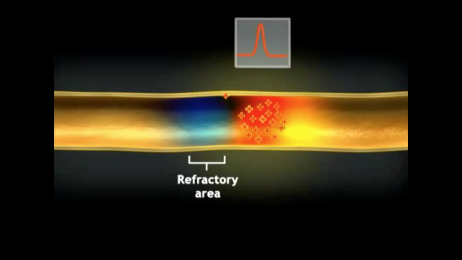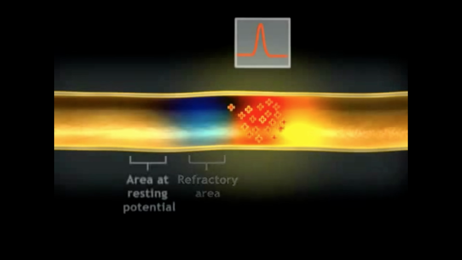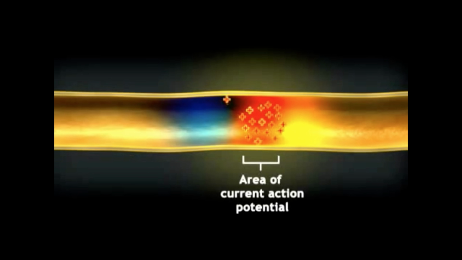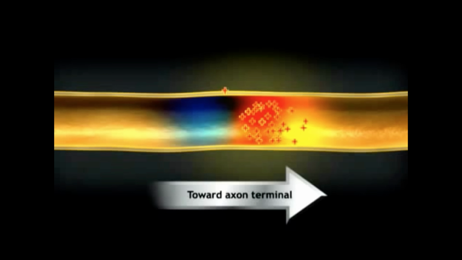The area of the membrane that fired 2 milliseconds ago has now returned to its resting potential, but it is too far away to be influenced by the current action potential. In this way, the action potential migrates, like the fire on a fuse, toward the axon terminal, where it is delivered to another neuron.